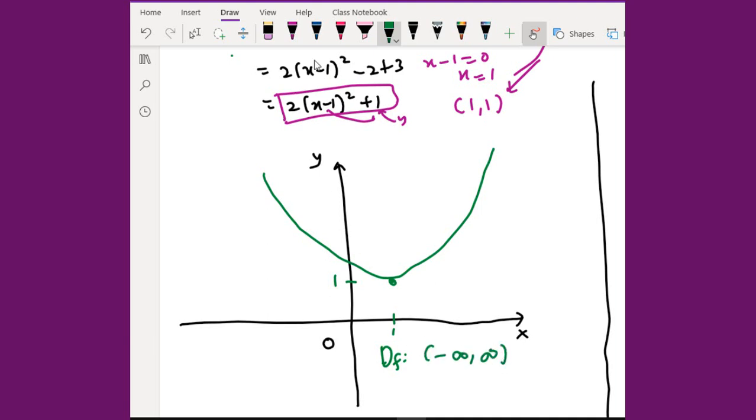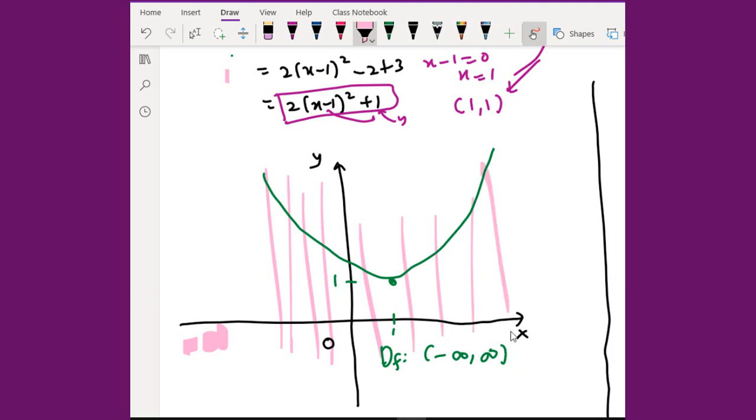To find the domain for a quadratic, it is always all real numbers. Why? Because for the x value, we use x from negative infinity up to infinity. But for the range, it depends on the type of the graph. When the graph is a smiling graph, it has a minimum, starting from the minimum up to infinity. When the graph is a sad graph, it goes from negative infinity up to a certain maximum value.